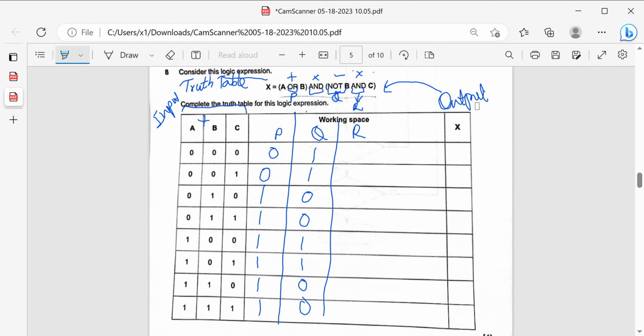We are just multiplying Q and C. So here is our Q, and I'm going to calculate R by taking AND with C. So these two inputs are used to calculate R. So let's start.